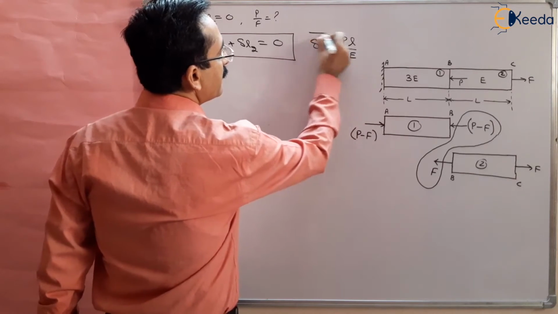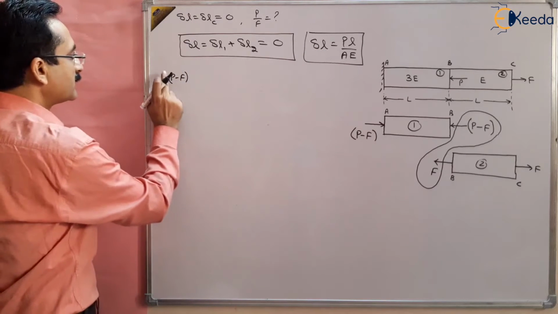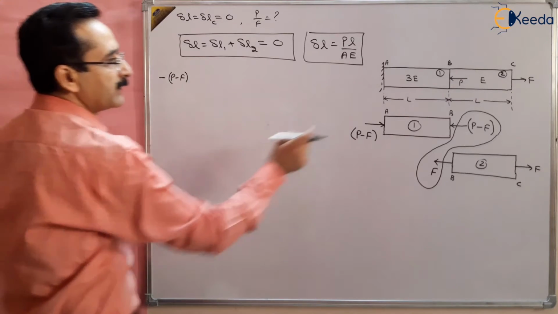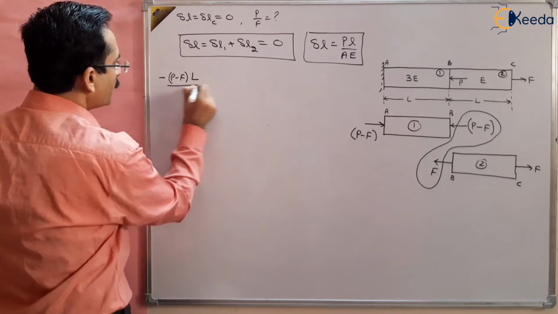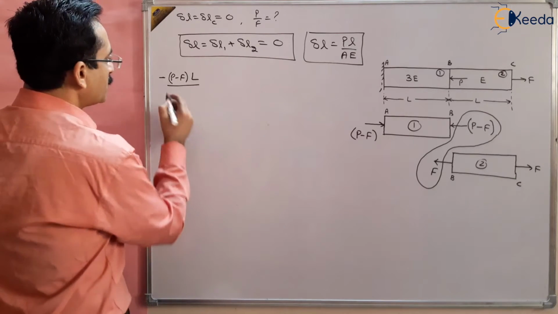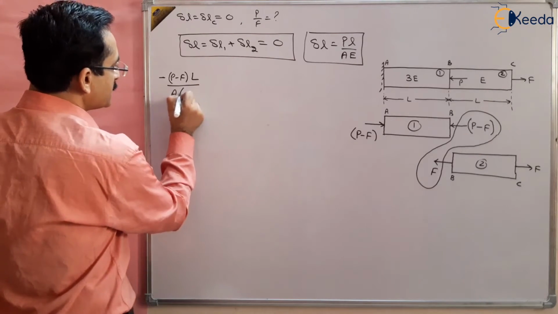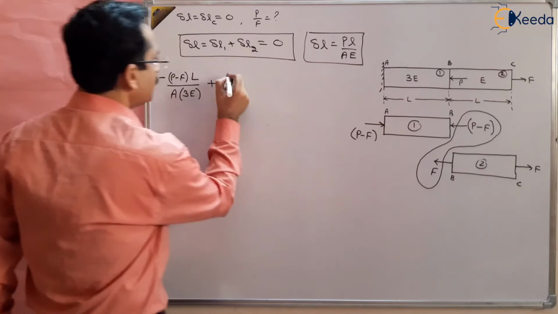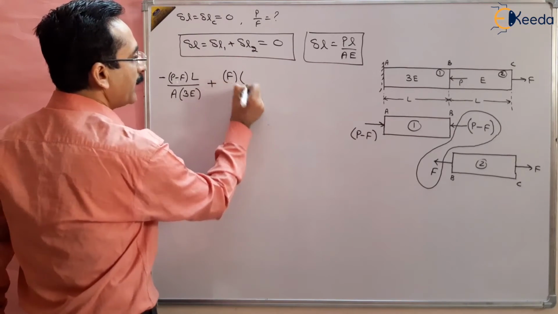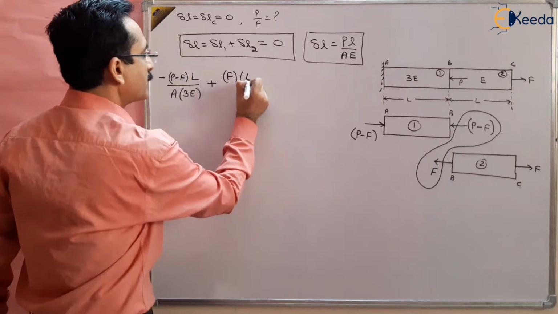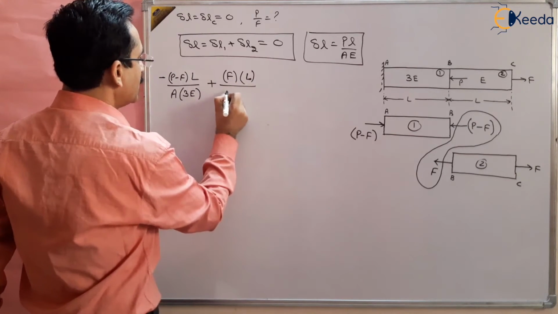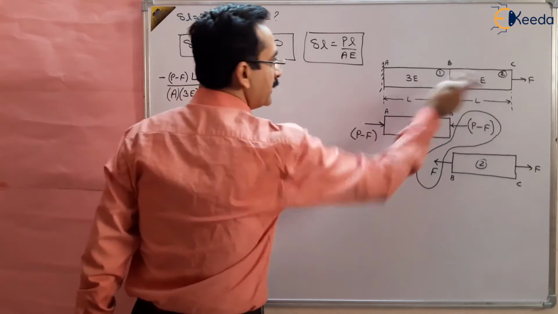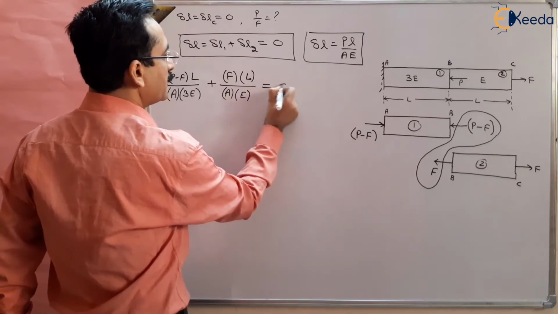So this is minus (P minus F), the load, because it is compressive, L is the length, upon the area. The area is the same, so we keep it A, and the modulus of elasticity is 3E, plus the force F, tensile, with length L, area A, and modulus E, and that should be equal to 0.